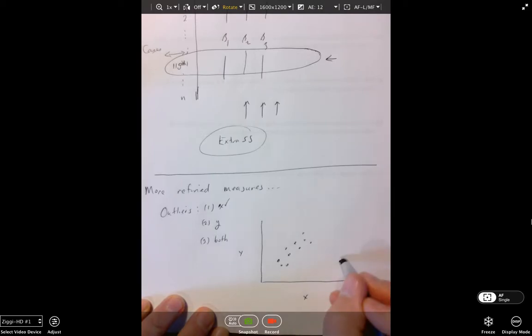So guys, this point right here would be an outlier relative to the x. Notice in terms of the y's, it's within the central focus, but relative to the x's we have in our data, this x is clearly outside the bounds of the other cluster of scores.